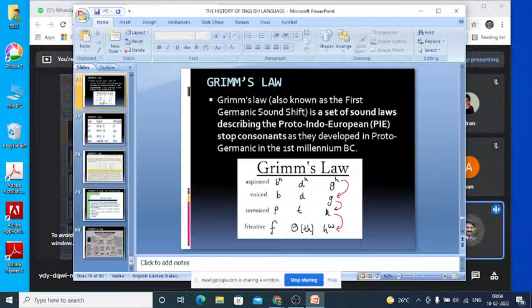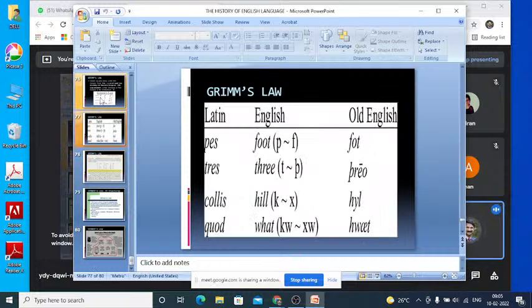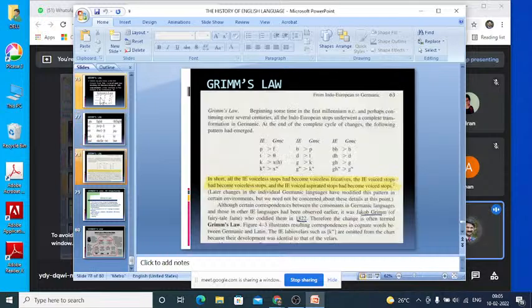So all these laws are in fact about sound changes. You have more explanations of Grimm's law and Verner's law, so you can read this slide. Is the slide visible? I'm just reading from the slide. Grimm's law: beginning sometime in the first millennium BC and perhaps continuing over several centuries, all the Indo-European stops underwent a complete transformation in Germanic.